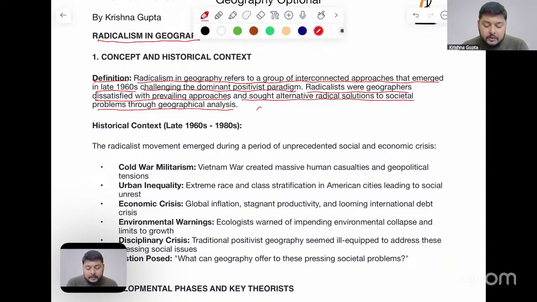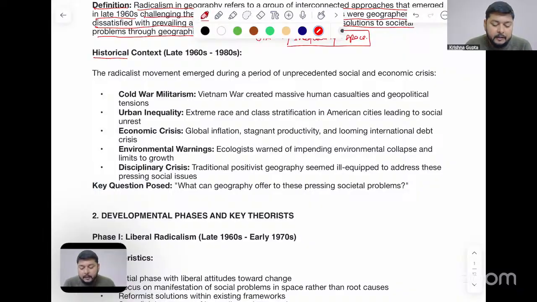So here the geographical analysis is the inequality prevalent over the space. This is the main theme taken as a part of radical geography here.